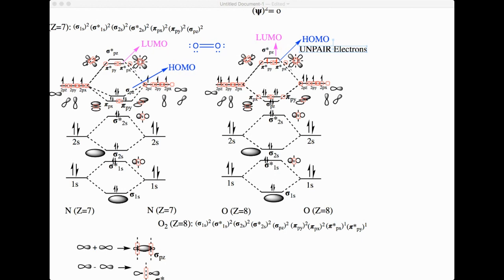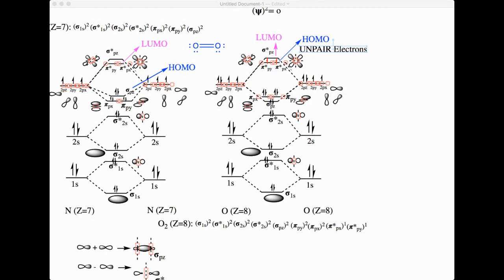Okay, so paramagnetic molecules are attracted to magnetic fields, whereas diamagnetic molecules are not.